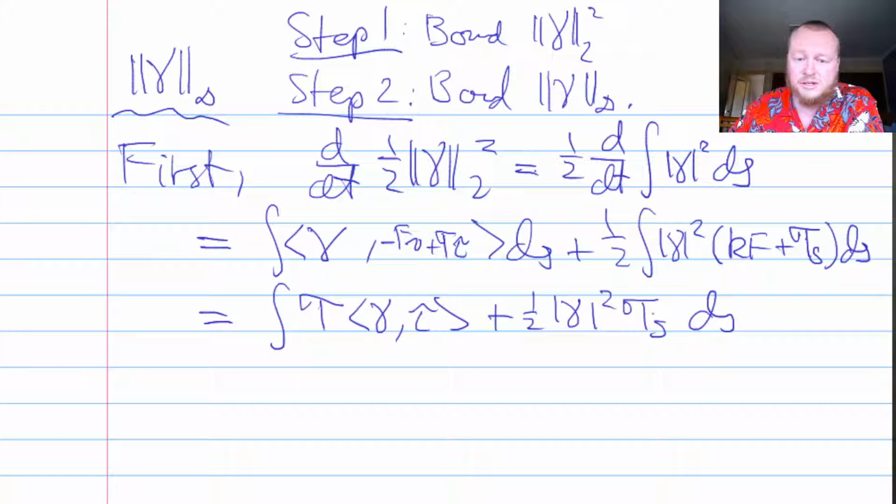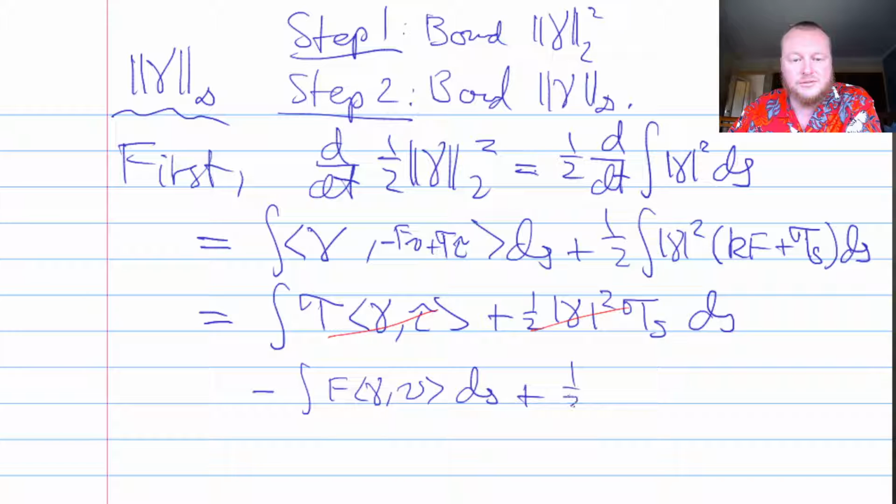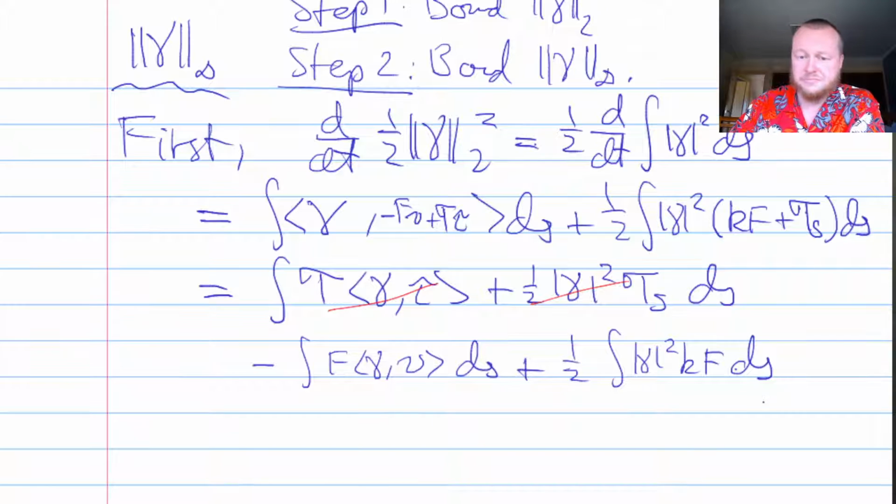So if you integrate by parts on this, the boundary term vanishes because T vanishes on the boundary, and you end up with exactly minus this, so they cancel each other out. I love that. Okay, and then what we've got for the first thing here, we've got minus the integral of f times gamma in the normal direction, and here we have 1/2 the integral of gamma squared k f ds.